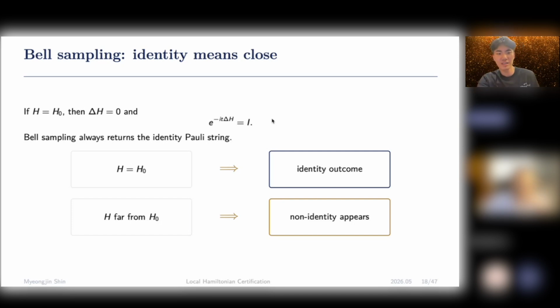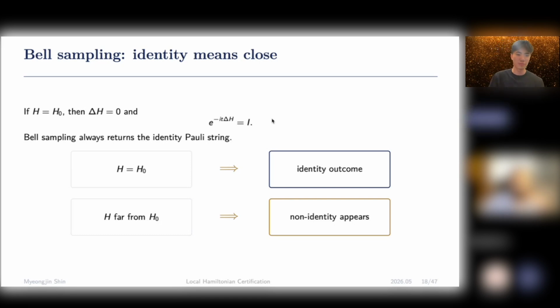If h and h0 are the same, then of course delta h is 0, and e to the minus it delta h is the identity. So if we Bell sample from this unitary, we will always get the identity. But if h and h0 are different, sometimes there will be non-identity Pauli operators when we Bell sample from that unitary operator. This is the reason we Bell sample it.